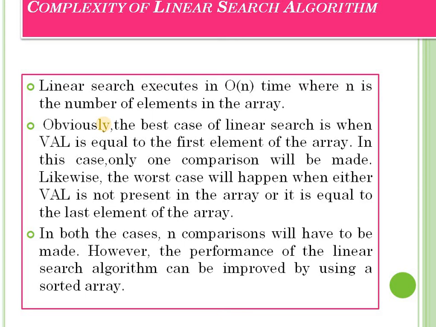Likewise, what will the worst case be? It is n, if the number is at the last position. Best case is the first position. If we find the element at the first position, then this is the best case. If we find the element at the last position, then we have to check one by one up to n. So this is the worst case. And the average is at the middle, means half the comparisons.